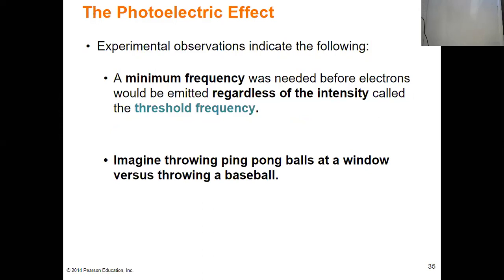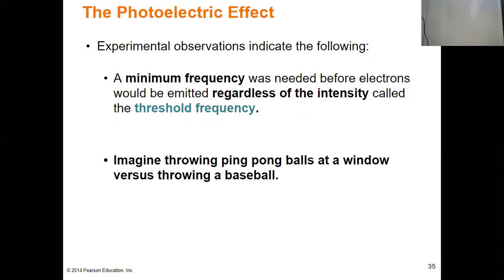There's what's called a threshold frequency, which sounds complicated, but it actually makes a lot of sense. There's a minimum energy value, or a minimum frequency value, that any light needs to be at before it is able to eject an electron, basically.